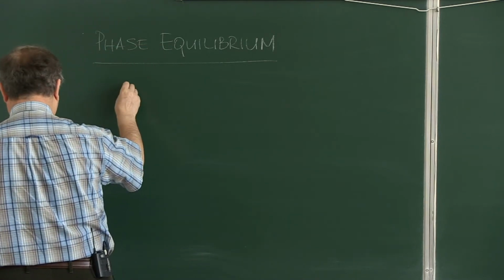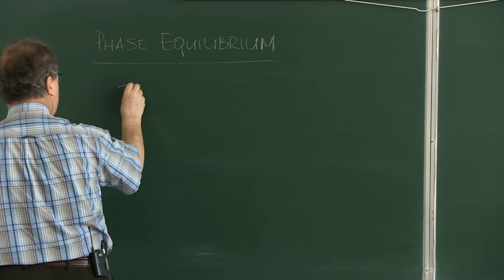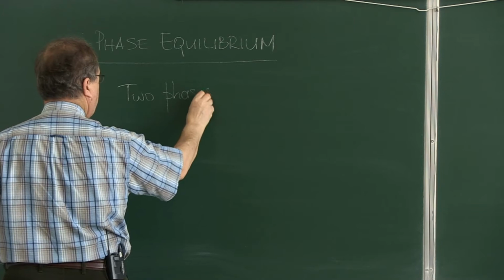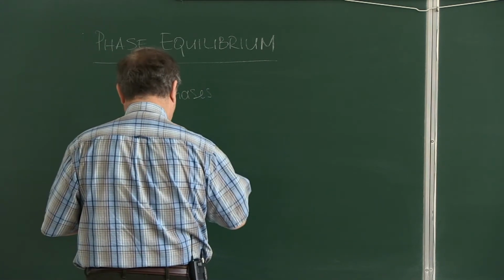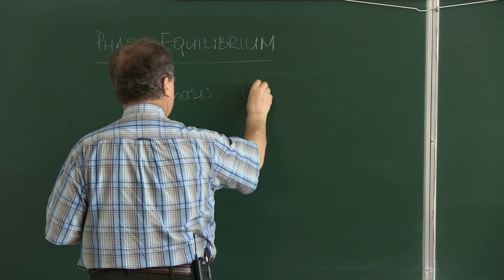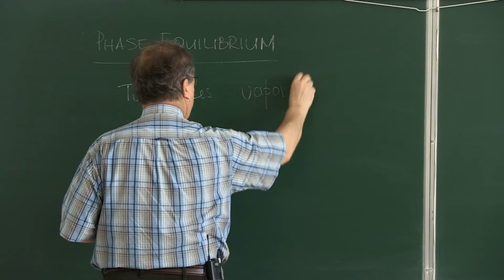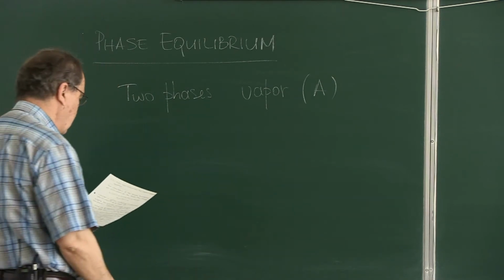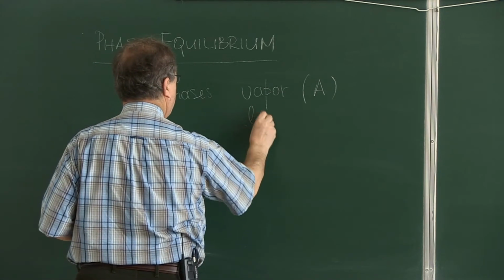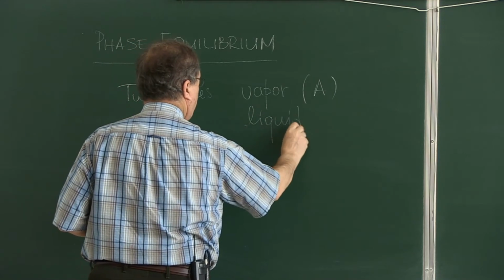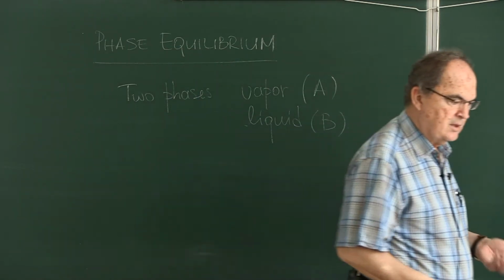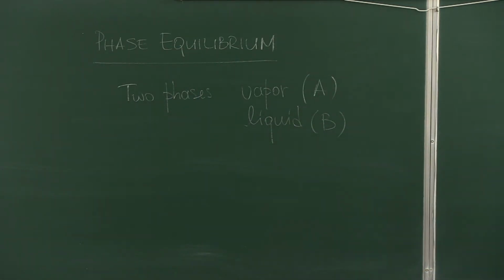initially having two phases. Consider two phases of the same material, if you like. Let's consider vapor phase, let me call it phase A, and a liquid phase, phase B. I will try to get a condition for their coexistence together.